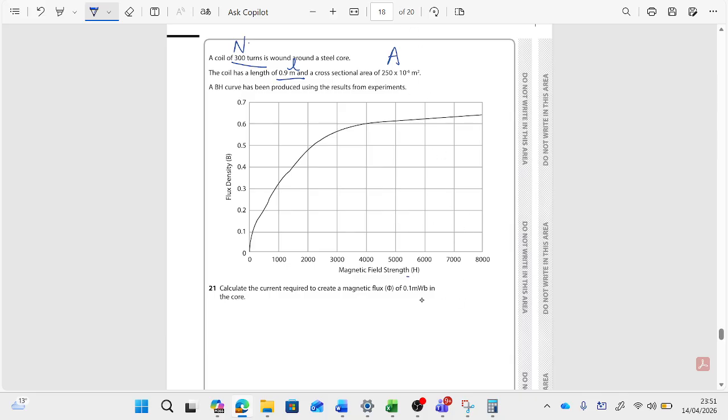H is equal to N i over L. So we know N, we know L, but we are asked to find the current, and we don't know what H is. So we can't solve for I. The question is, is there a way I can find H?